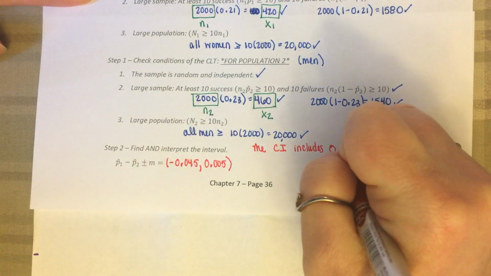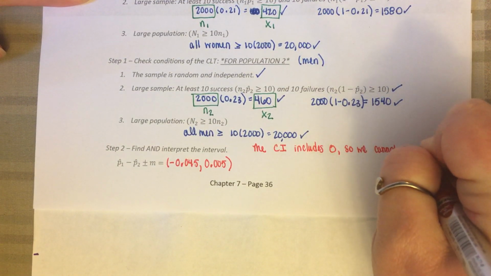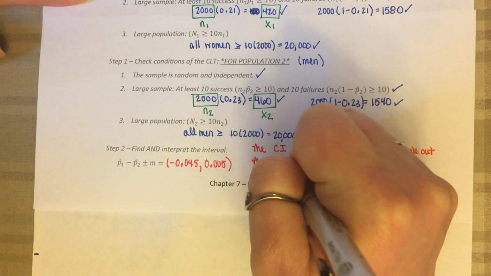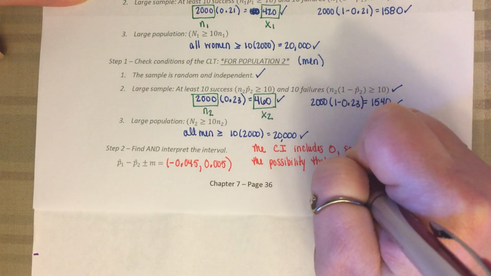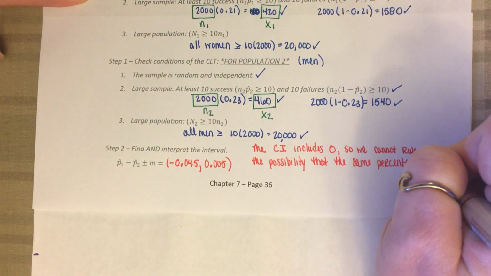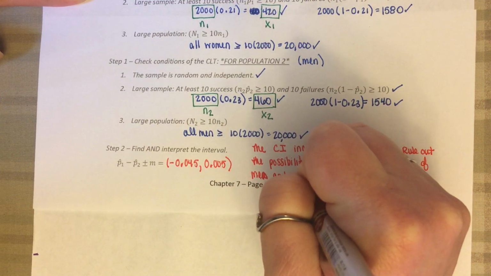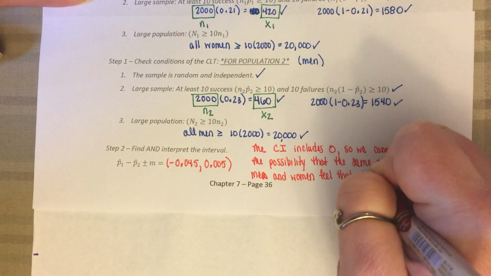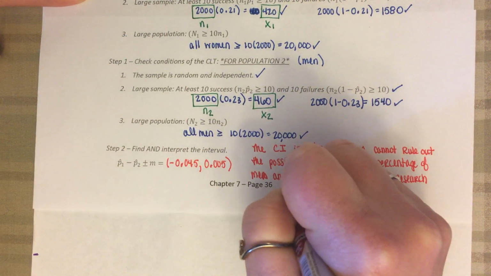So the confidence interval includes 0, so we cannot rule out the possibility that the same percentage of men and women feel that stem cell research is morally wrong.